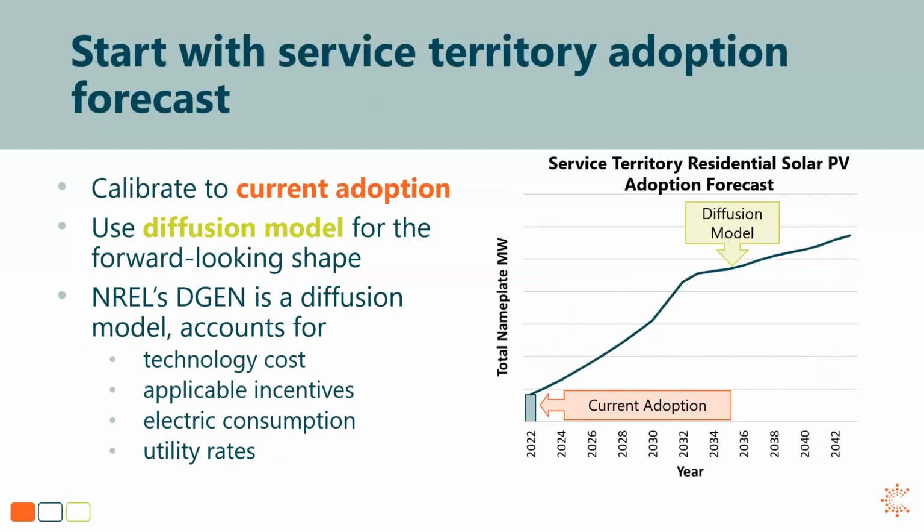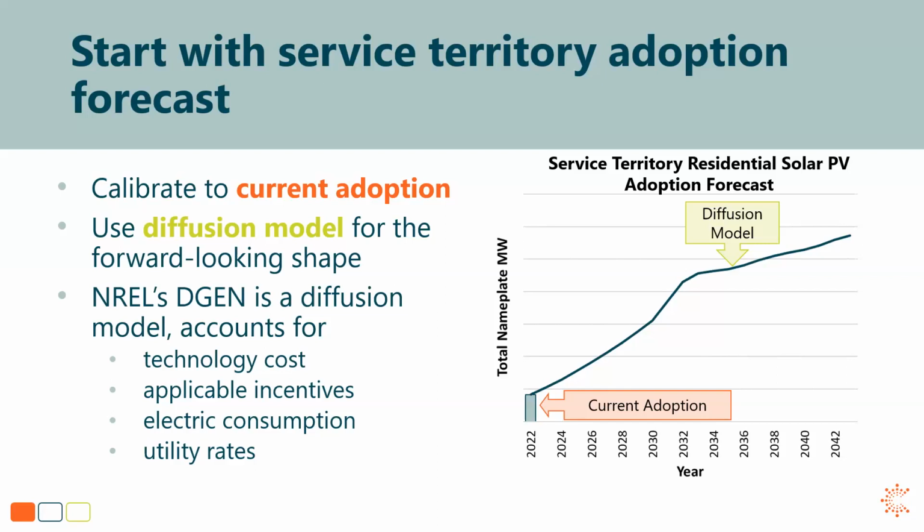So first step here, adoption. Where we've started this with solar anyway is a service territory adoption forecast. A couple of things I'll mention here: it's important to calibrate to current adoption, so what's actually out there on the grid now. And then from there, looking forward, we use a diffusion model, dGen, that Paritosh just went through, to cast forward and put a shape on that adoption curve.